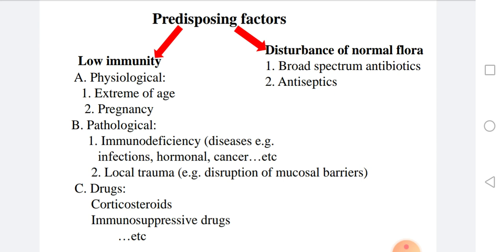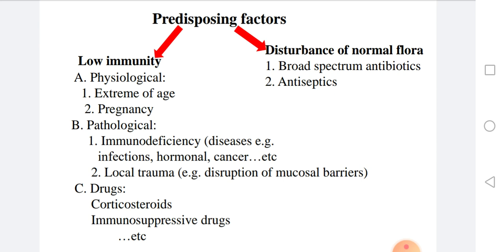Corticosteroids can be used in treatment of bronchial asthma, autoimmune diseases, and immunosuppressive drugs can be used in organ transplantation like renal transplantations and so on.